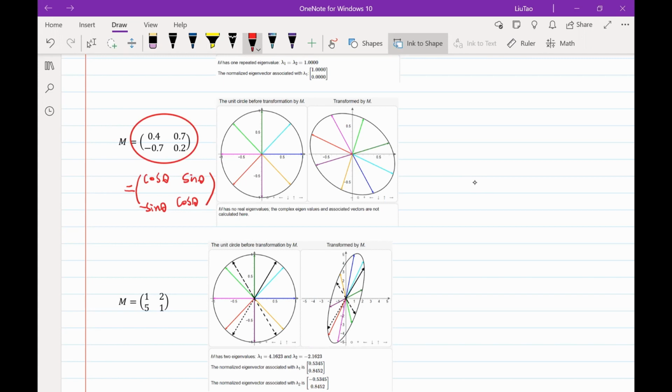So every vector in the input space will be rotated by some angle in the output space. If we take a look at this pink vector, it will be rotated to here. So for this matrix, there are no real eigenvectors and eigenvalues.